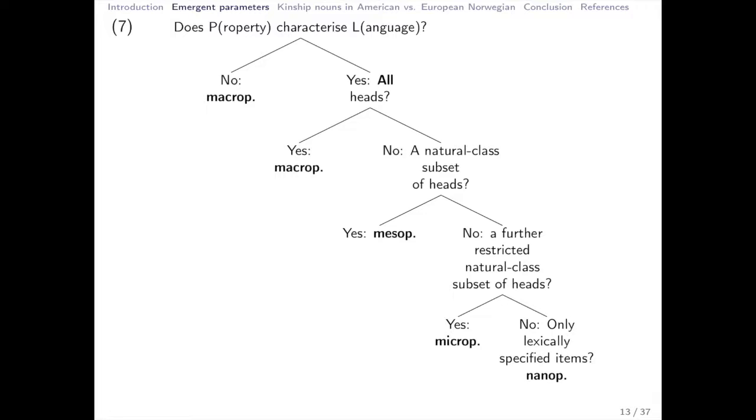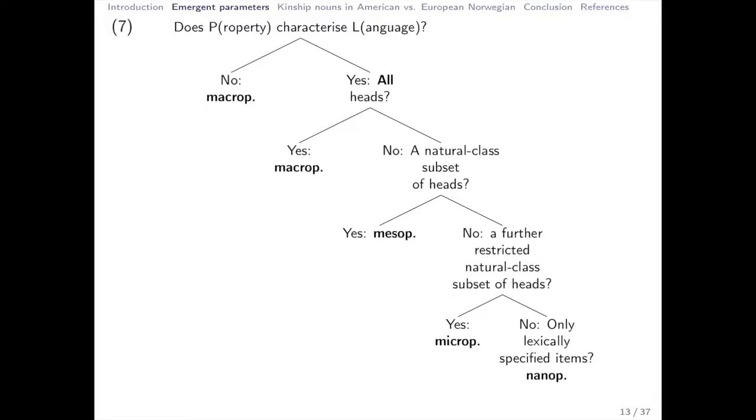Like Japanese would be consistently head final, for example. Then we have various options where we have more mixed patterns, and we can go like mesoparameters, microparameters, and then down here we have nanoparameters, which will only apply to a very small number of lexical items.